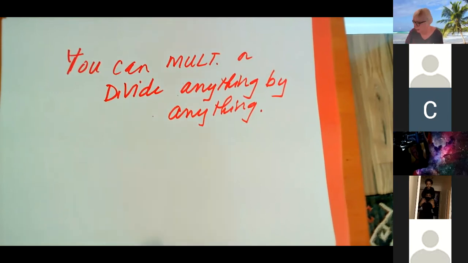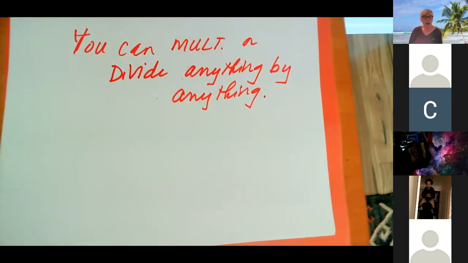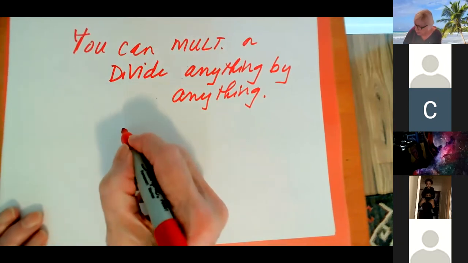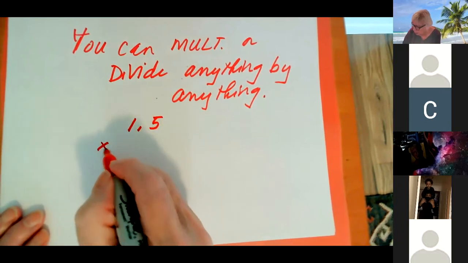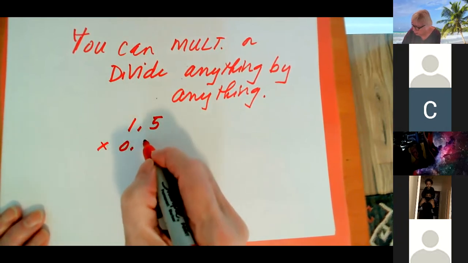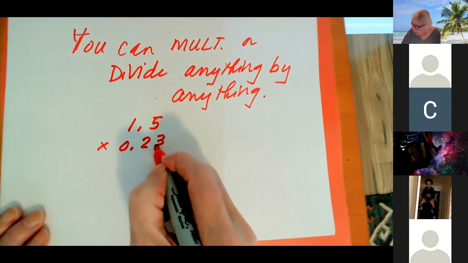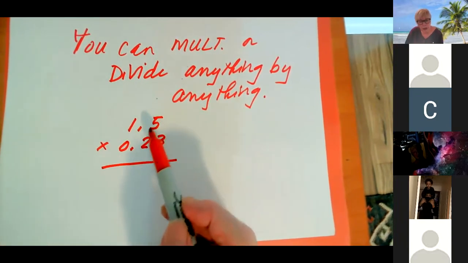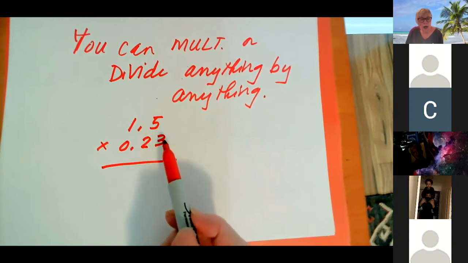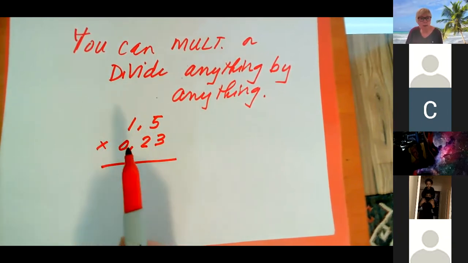This is the rule. I write it like this because I think it's critical. That means that if I have 1.5 multiplied by 0.23, this is in tenths, this is in hundredths, but I don't have to line them up or anything to get it right.